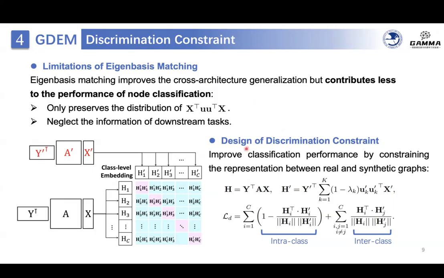So inspired by the supervised loss of the upper bound, we introduce a discrimination constraint.